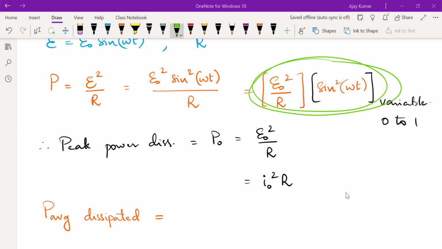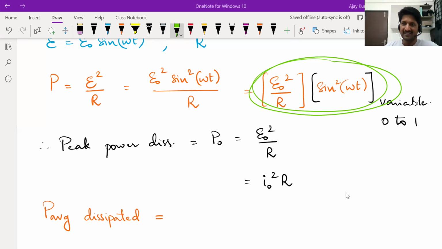One by 2. Half. And the sine square function is multiplied with E naught square by R, which is a constant. Then what will be the average of this entire equation? What is so difficult in this? The average of the variable part is half, and it's multiplied with a constant E naught square by R. Then the average also will get multiplied with that constant. Then average power dissipated will be E naught square by 2R.